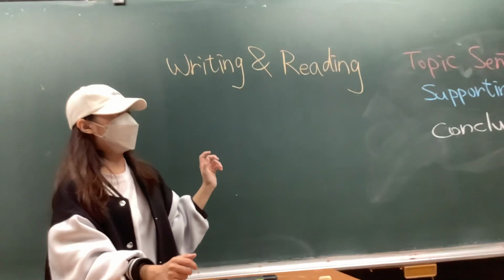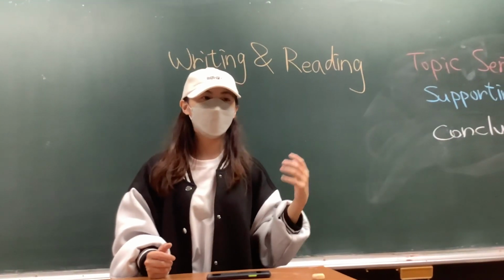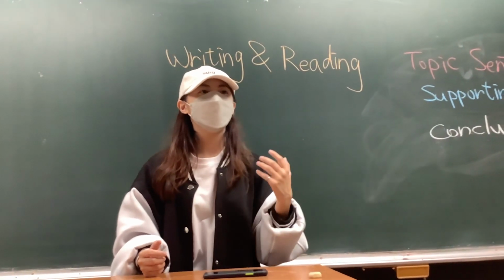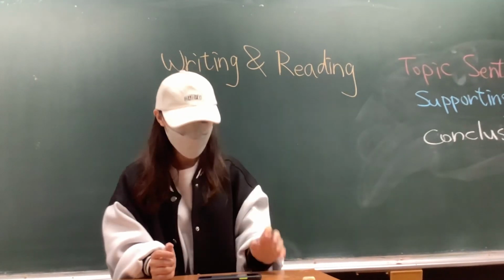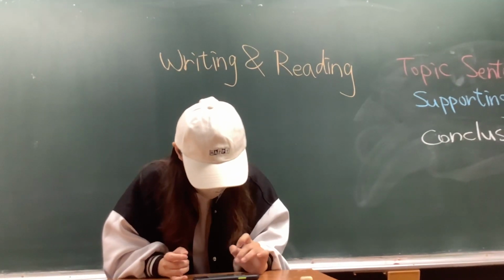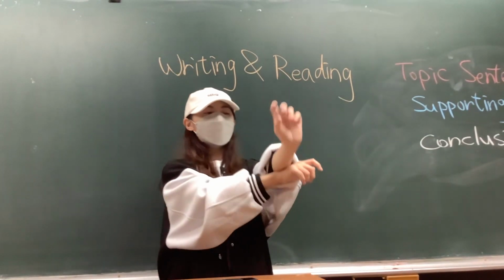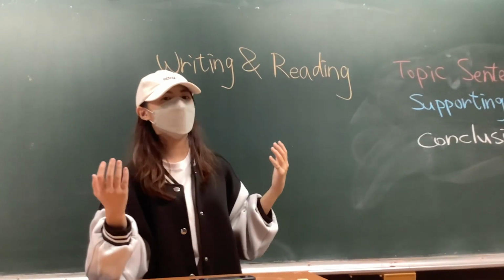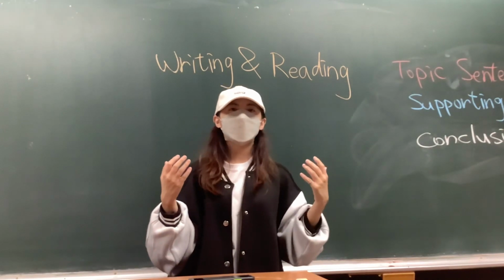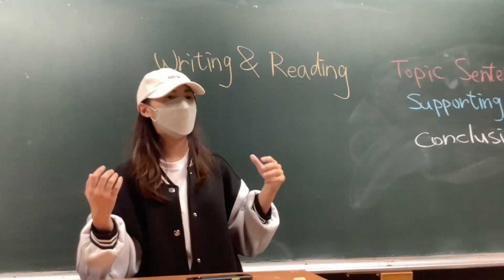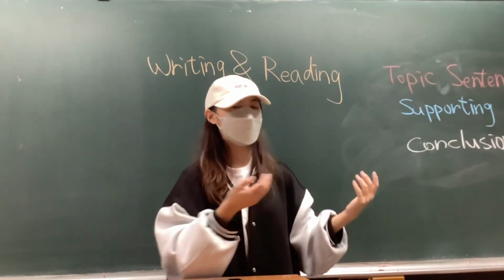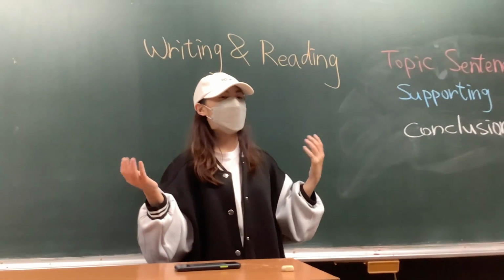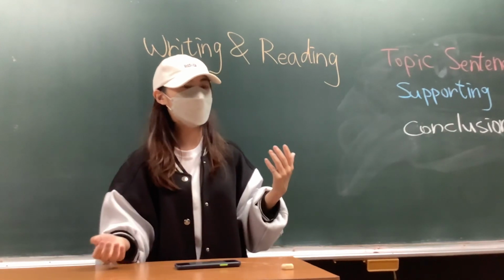The topic of your paragraph needs to be related to some medical issue, just like what you just read. This paragraph is about euthanasia, right? So, for example, you could search for some medical issues that have been brought up recently, for example, taking the vaccine for COVID-19 or the Taiwanese medical insurance issue.